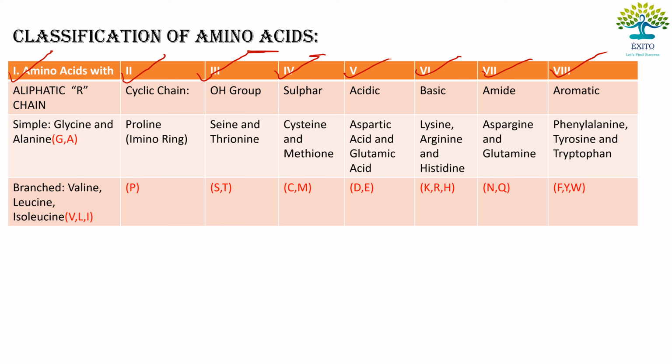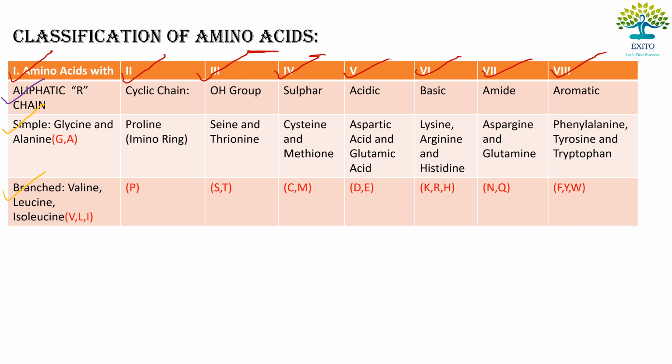Under these 8 categories, the first category is for amino acids containing an aliphatic R group. There is an R group in the amino acid, and that is the aliphatic R group. That may be of two types, either simple or branched.